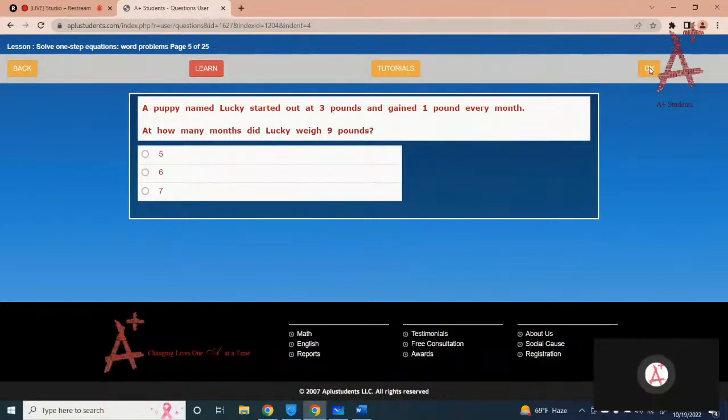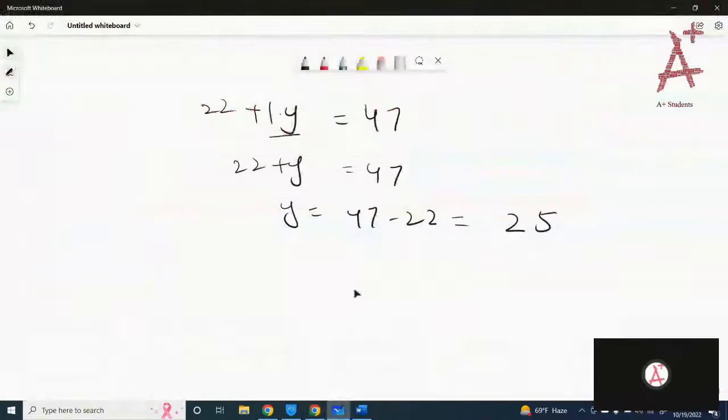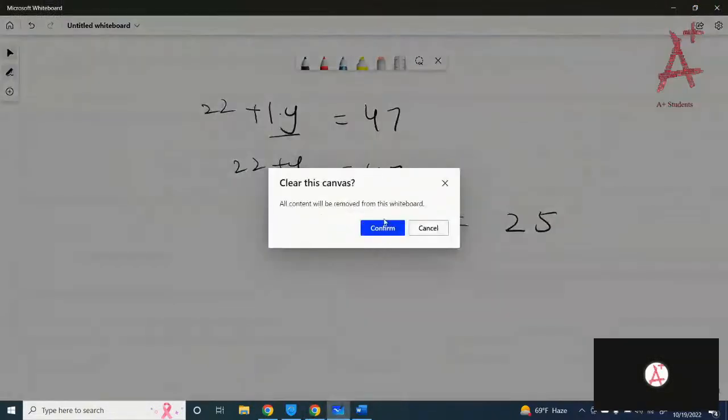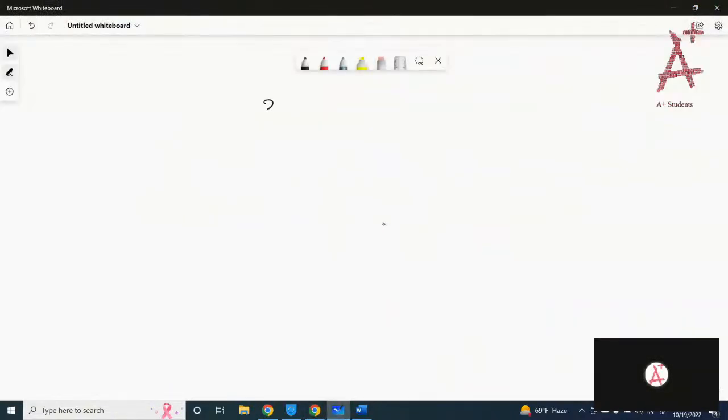Okay, a puppy named Lucky started out at 3 pounds and gained 1 pound every month. At how many months did Lucky weigh 9 pounds? So it would be 3 plus 1 dot y equals 9.